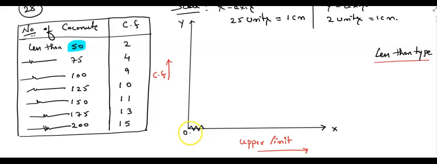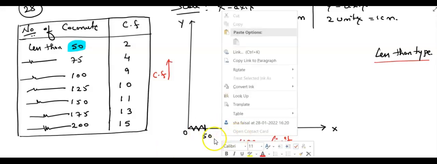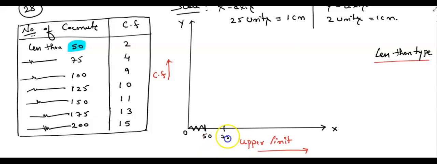What does it represent? Before this also some numbers are there, but we are starting from here. Let me say this is my 1 centimeter from 0 to 1. So this is my 50, 1 centimeter. Then this is my 2 centimeter, 75, this is 3 centimeter, 100, 125.